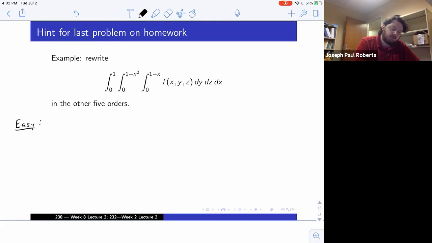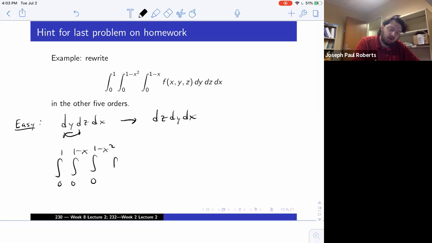So if I start with what's given, dy, dz, dx, and I switch the y and the z to give me dz, dy, dx, I claim that that's okay, because I try that and I get f dz dy dx.